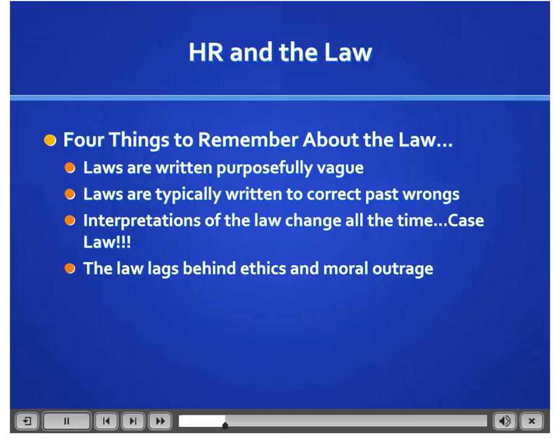And so again, when we think about laws written to correct past wrongs and the interpretations of the law changing over time, laws are also going to lag in how fast they get integrated and put together, because it takes a long time to write a law. Things don't happen overnight. It can take months and sometimes years for laws to pass and to gain some traction to be able to pass and get signed into law. So because of that time frame, because of the way that our court system works, ethical outrage leads the way, and then the law sort of catches up later on.